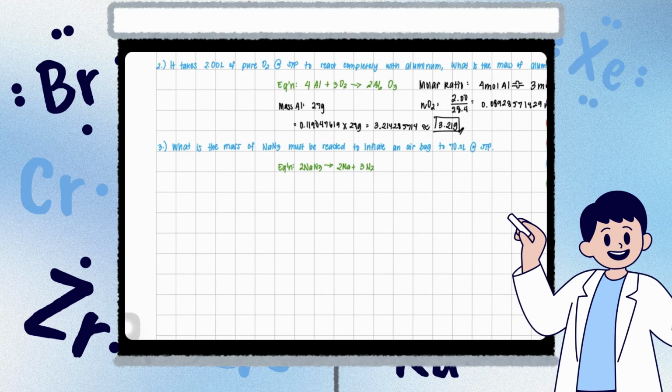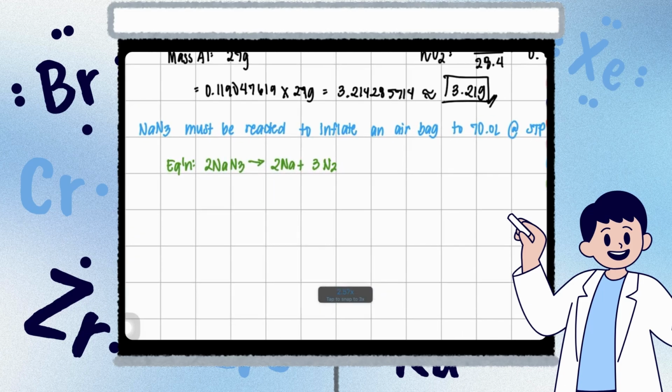For our last example of gas stoichiometry: what is the mass of NaN3 that must be reacted to inflate an airbag to 70 liters at STP? The given equation is 2NaN3 decomposes and produces 2Na and 3N2.